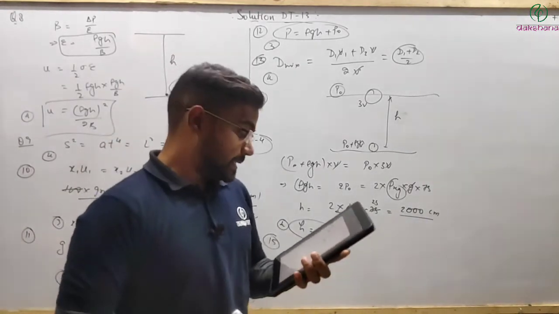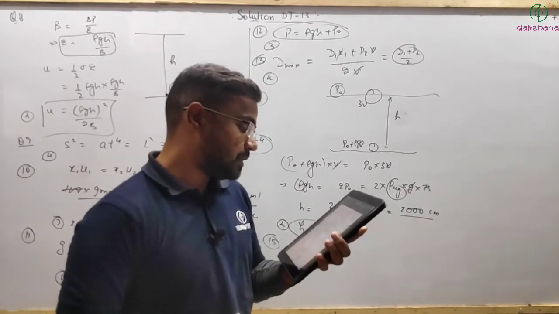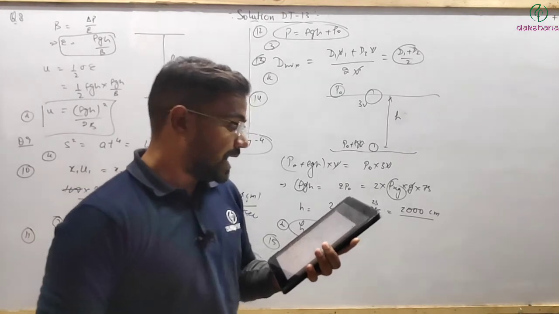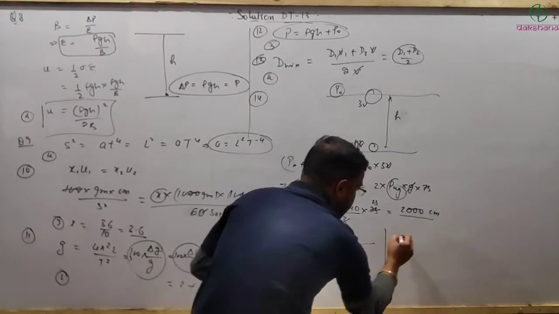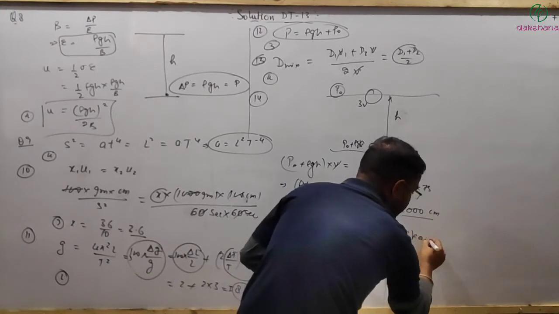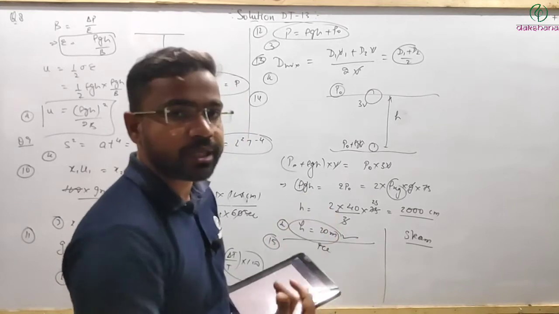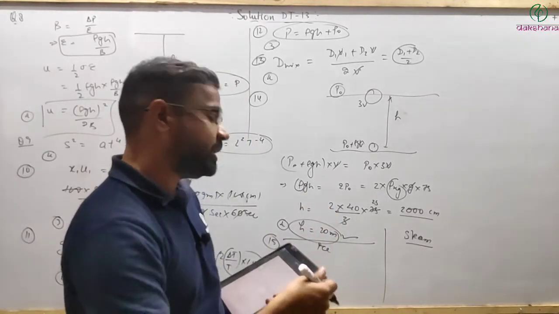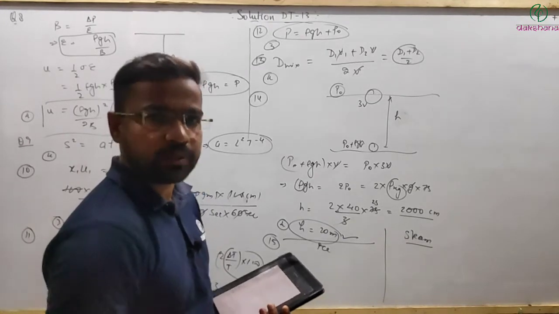150 gram ice at 0 degree Celsius is mixed with 10 gram steam at 100 degree Celsius. Then the final temperature of the composition under ideal conditions is? So here we have ice and steam. Steam will cool down first, I mean first steam will condense to water at 100 degree Celsius, then it will cool down further.